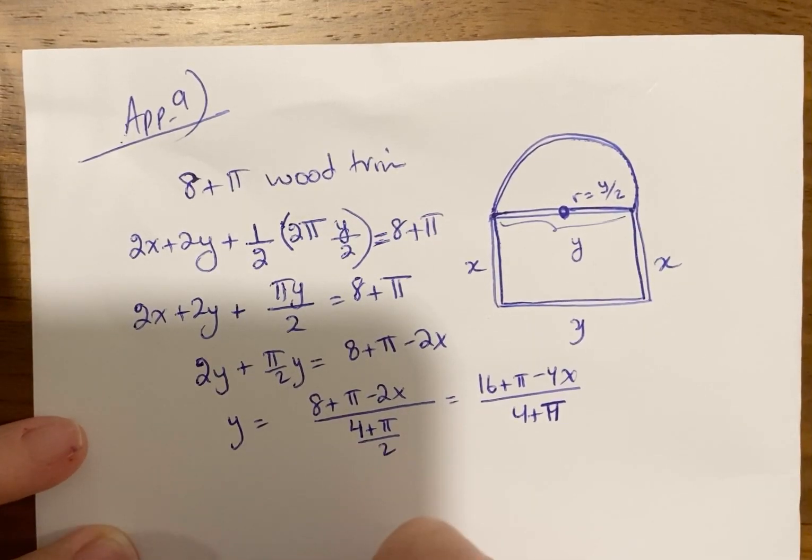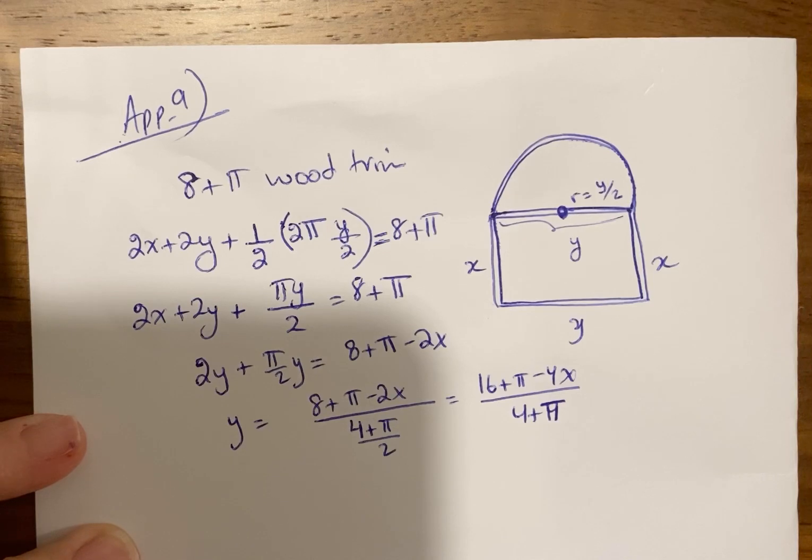Or you can write x in terms of y, whatever you want. Both of them are okay. If you write y in terms of x, that's what you will get. And if you write x in terms of y, you will get the following.